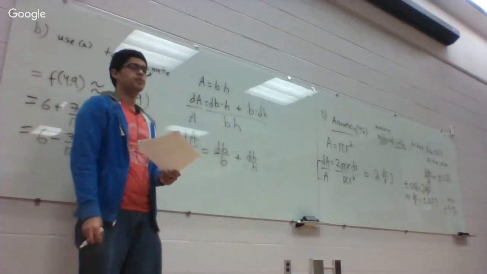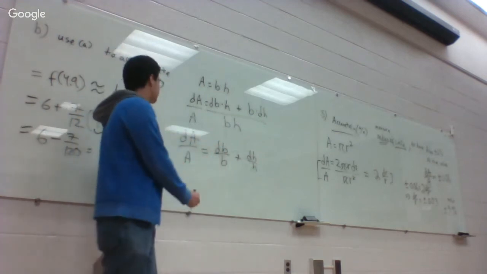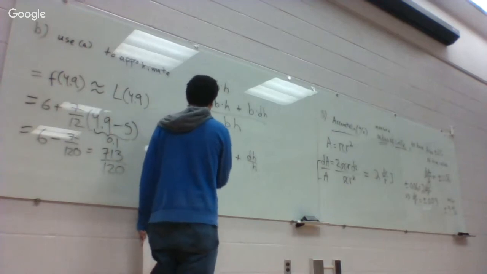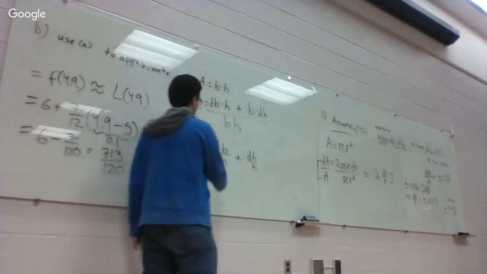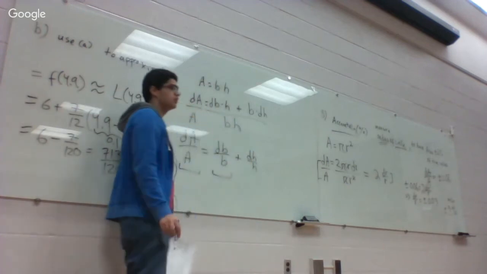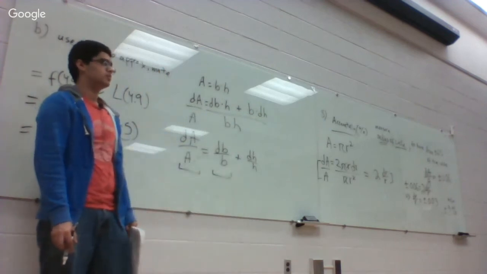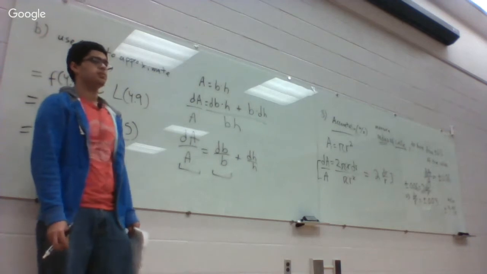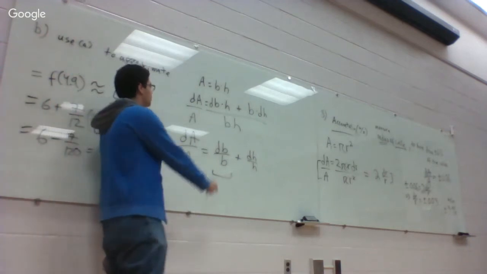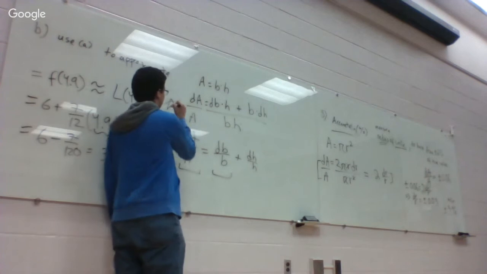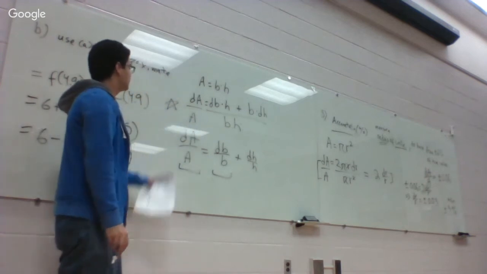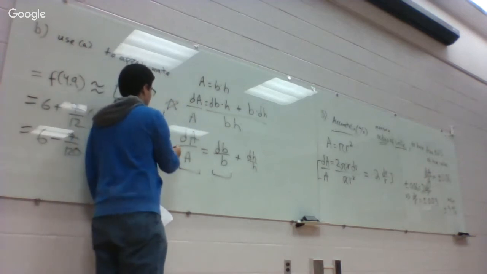Okay? If you had this, they would tell you two of these. So they might give you the area accuracy and the base accuracy. You need to find the height accuracy. Okay? So the important part was this step, and then simplifying it to get that.